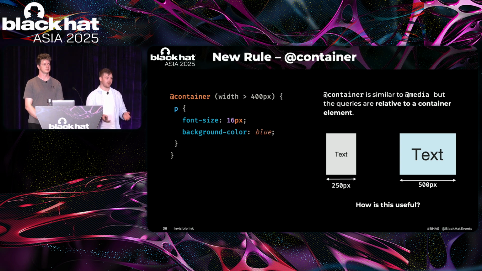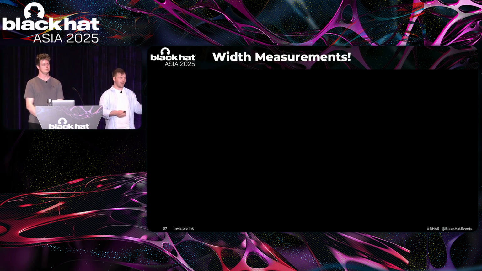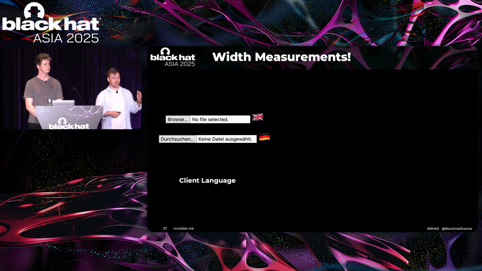So how is that useful for us, since we want to use this regular feature for something a bit more interesting? What we have here is a width measurement primitive. Width measurements are very interesting in the context of browser fingerprinting, since we can, for example, detect the language settings that someone has. Here we have two file picker elements, once in English and once in German. The German version is just a bit more verbose, and this is something that we can measure by taking a look at the width.